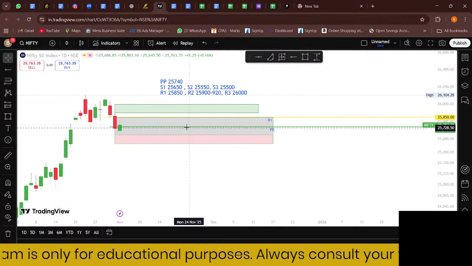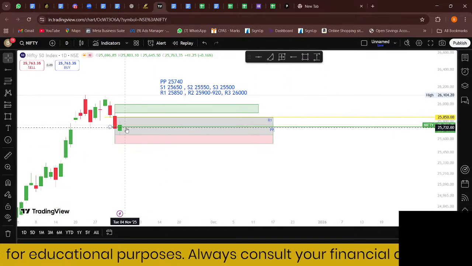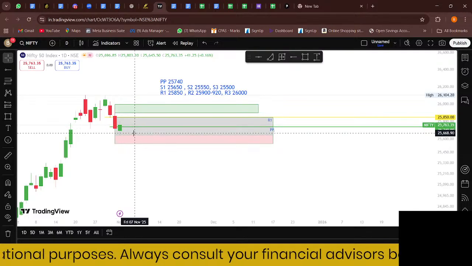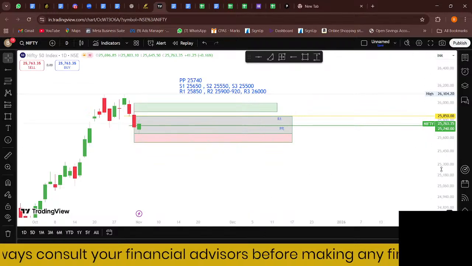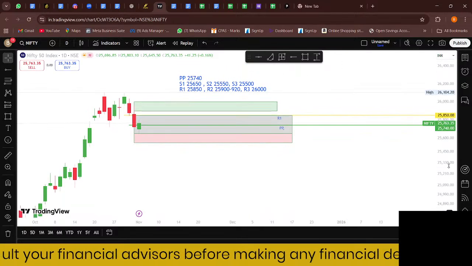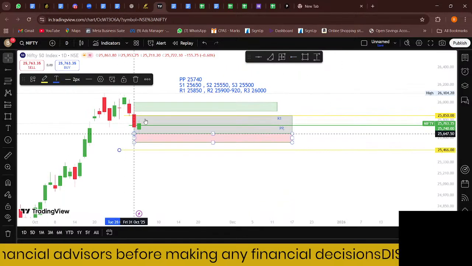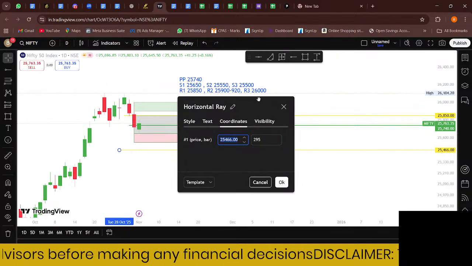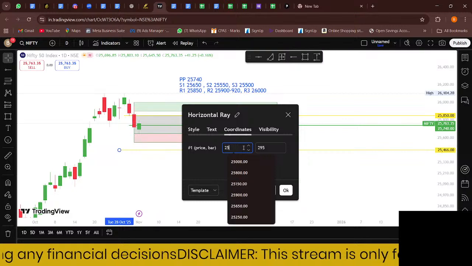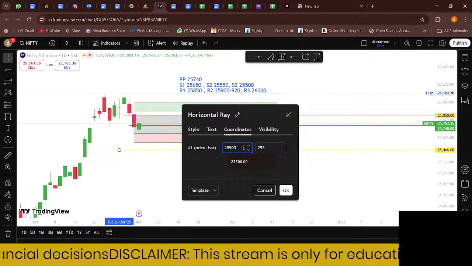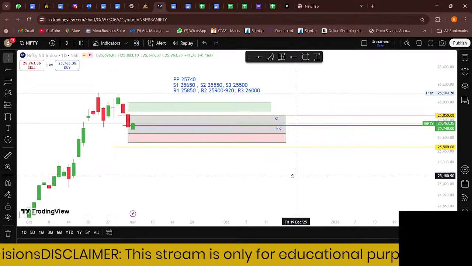Similarly, to the downside, if it comes below the pivot line and sustains, we can take a trade to support 1 and support 2, and if it remains in bearish momentum, it will lead to support 3 as well.